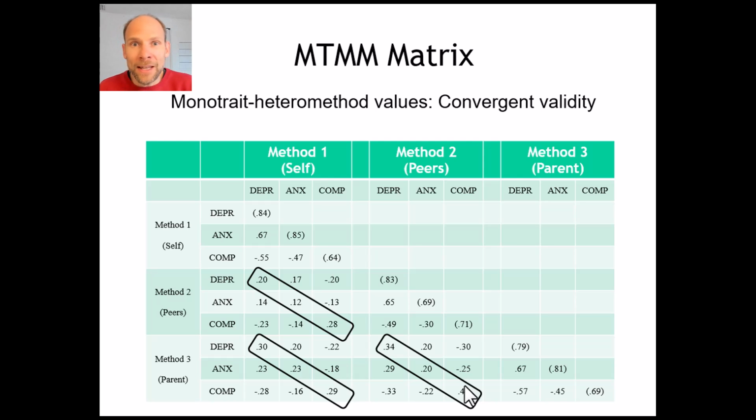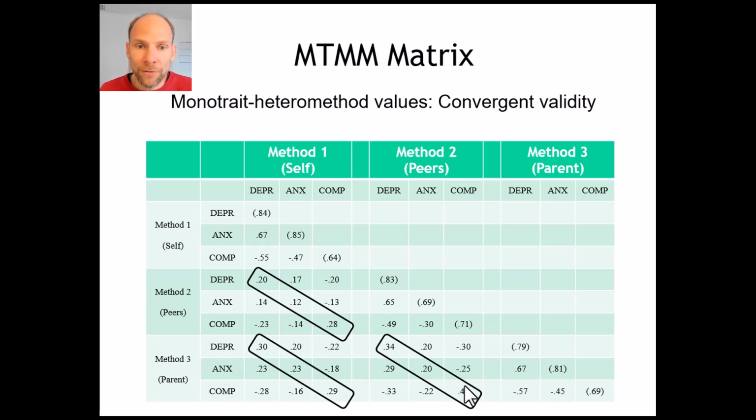So we can see that there are some reasons for why self and other ratings don't converge so well for those constructs, especially for children, where it might be even harder to figure out how a child feels than how an adult feels.